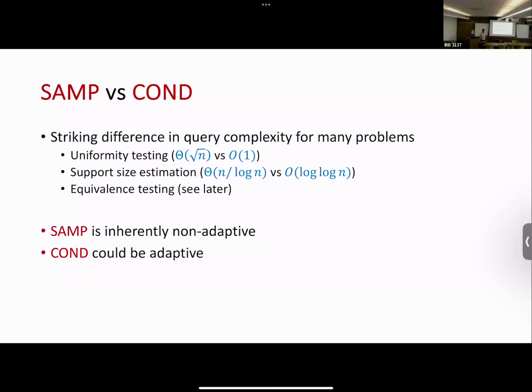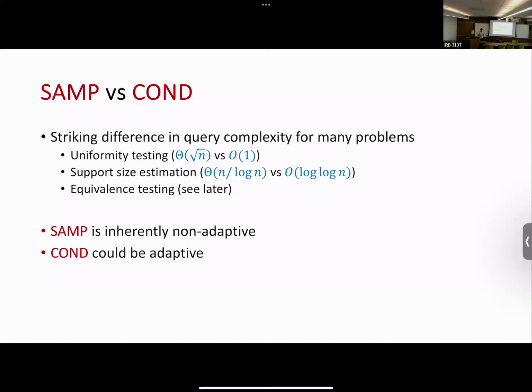Another important difference between these two models is that SAMP is inherently non-adaptive, because you are getting samples from the distribution, so you can get all these samples beforehand and then run the algorithm. But conditioning could be adaptive as well.